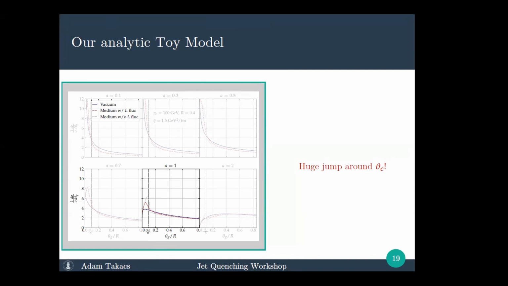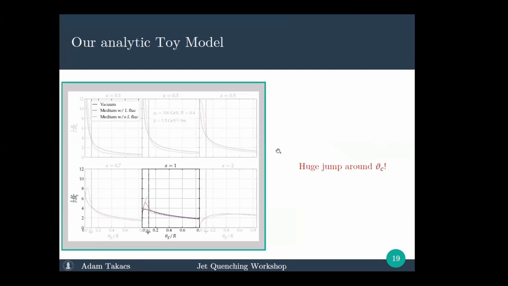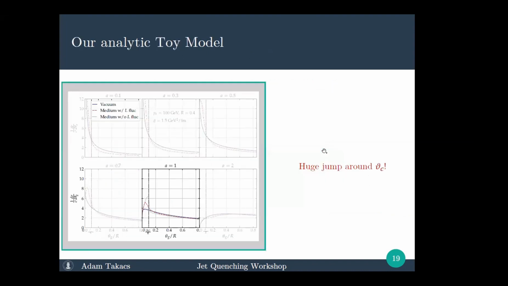The reason is that wide angle emissions lose more energy because they are created in this part of the phase space, and you are going to observe less because of the bias effect, while small angle emissions lose less energy, so you will see more of them. The reason you see a huge jump there is because of the phase space of this threshold. There is a big difference around this theta C, this line here, because emissions on the left will lose a lot of energy, emissions on the right are going to lose less energy.